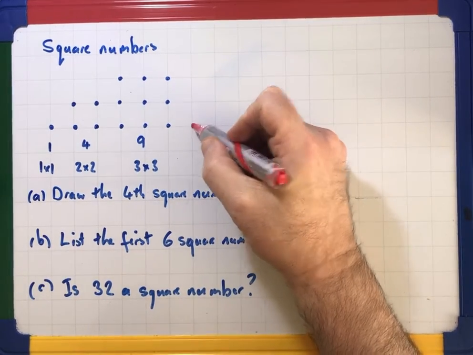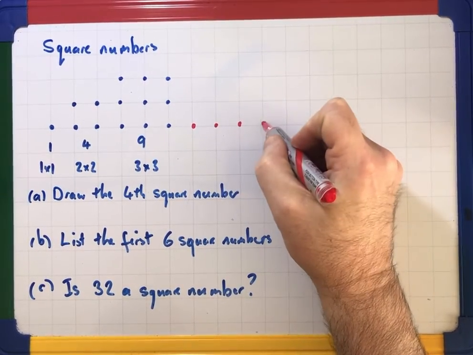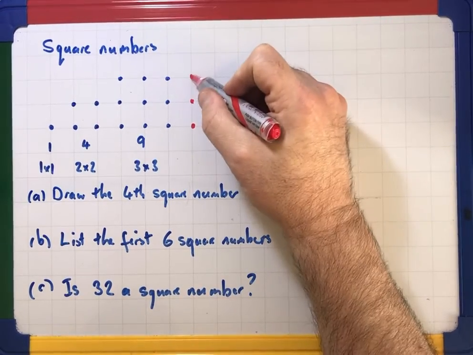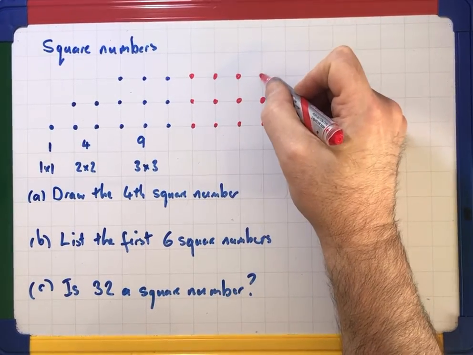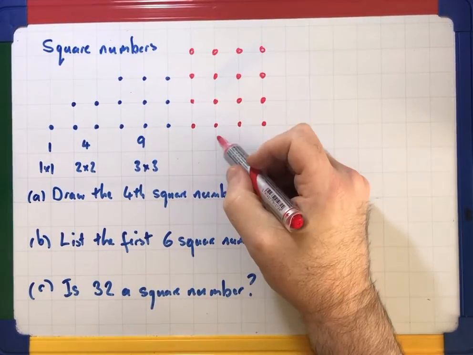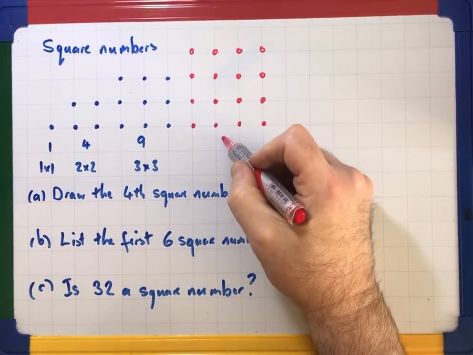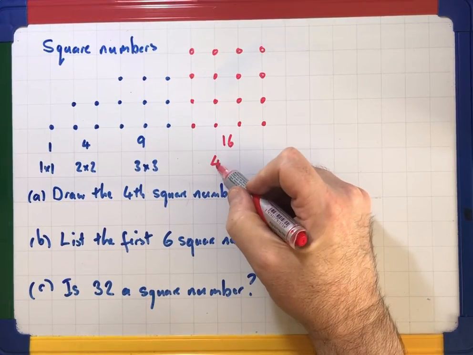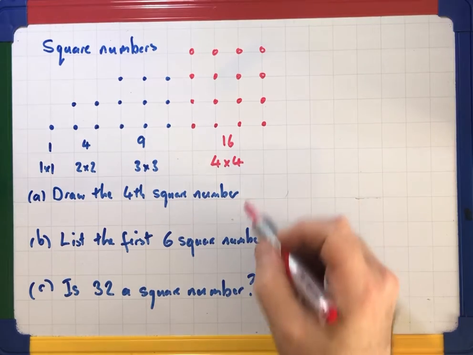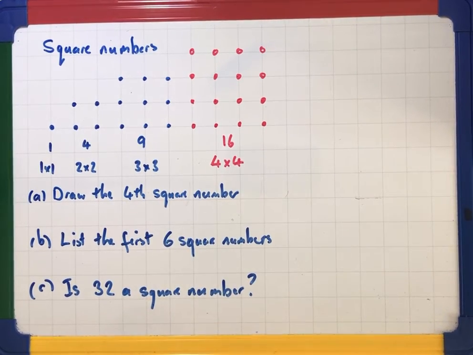Well, the fourth one would be just 4 rows of 4. Which, if I do that, yeah, if you count them up, you've got 16 because it's 4 times 4. 4 rows of 4 each. 4 times 4, giving you 16. So that would be that one done.